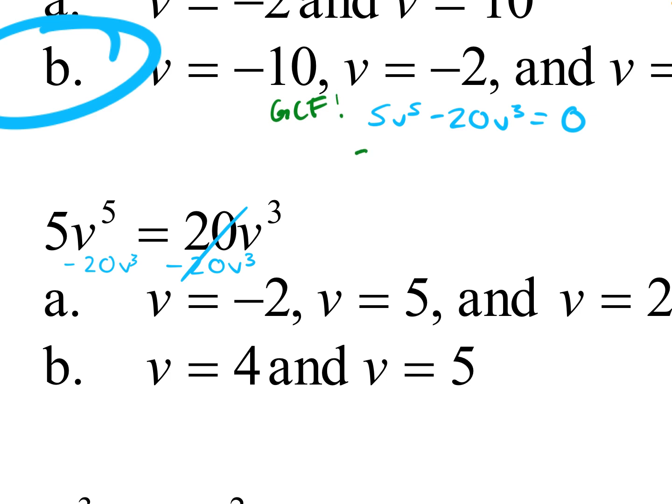Our GCF would be 5v to the third power. We're going to divide them both by 5v to the third power. We are left with v squared minus 4. Can we factor any more? Yeah. V squared minus 4 is the difference of squares, so it factors into v plus 2 and v minus 2.